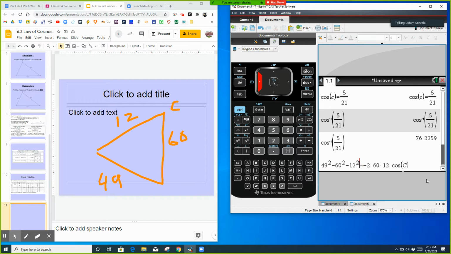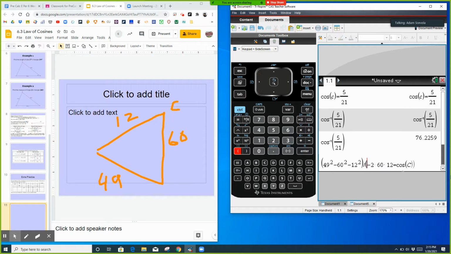Then I take this whole left side and divide it by these three numbers, because cosine of C is getting multiplied by -2, 60, and 12. So I do the inverse of that and divide both sides by it. And now I have that equal to the cosine of C.